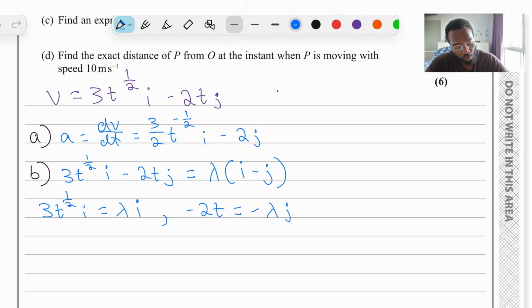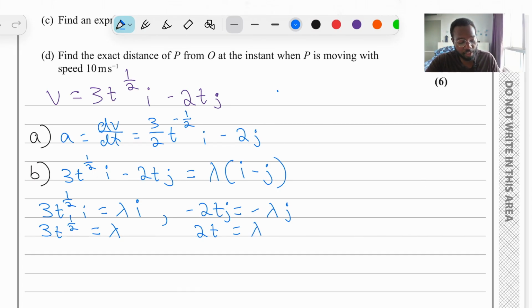Going back to the i's, if we get rid of the i's, that would just be 3t to the power of a half is equal to lambda, and for the j's, we can eliminate the negatives as well. Oh, and there should be a j here, sorry. That'll just be 2t is equal to lambda.